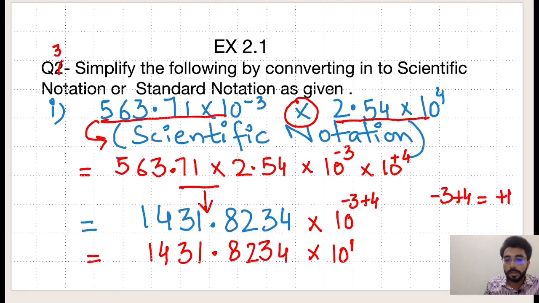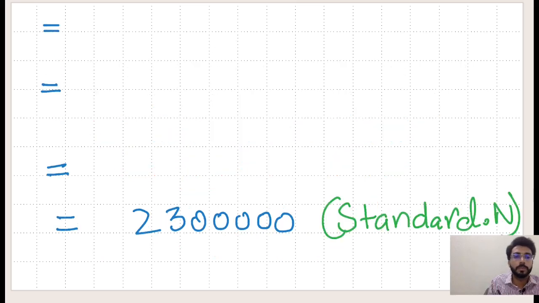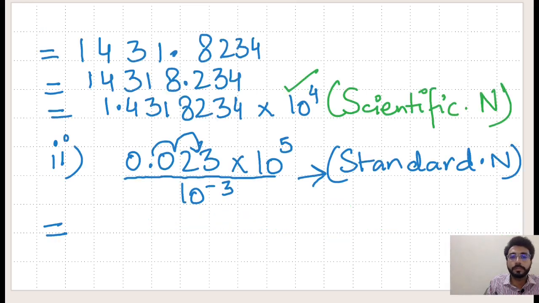So first of all, we move this decimal point right side 1 digit. Move 1 digit towards the right side. It will become 14318.234.